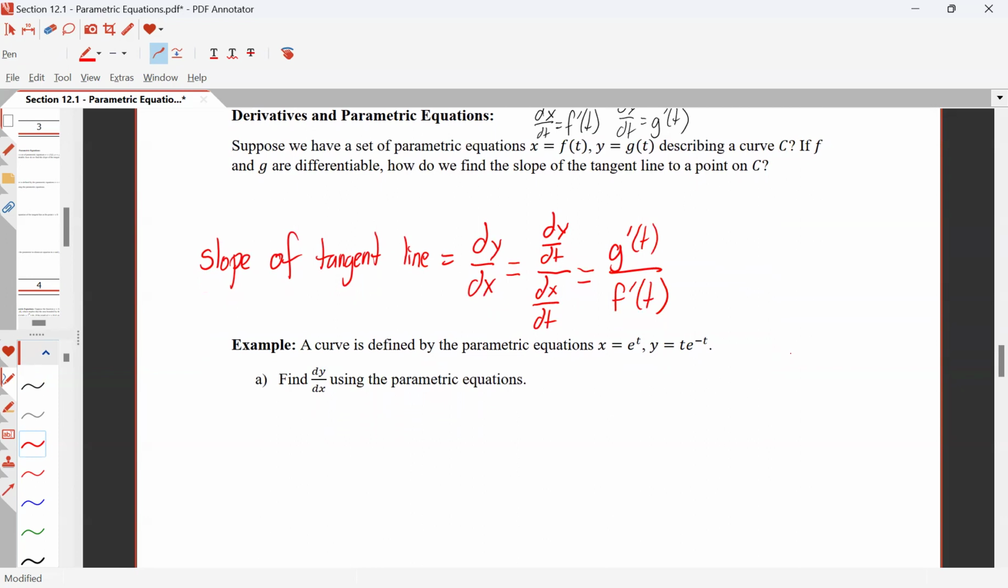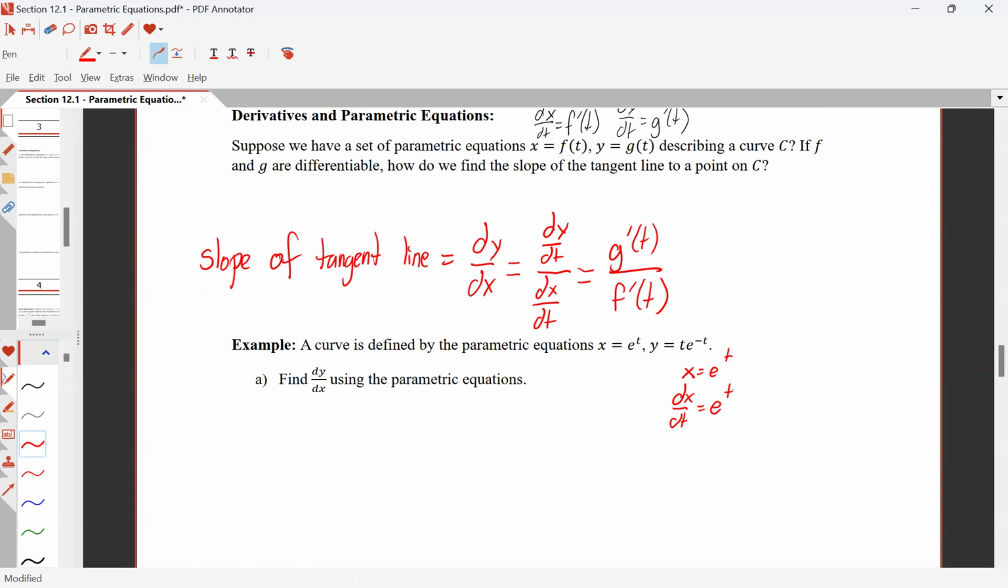we have a curve that is defined by the parametric equations x equals e^t and y equals t e^(-t). So if x equals e^t, then dx/dt equals e^t.